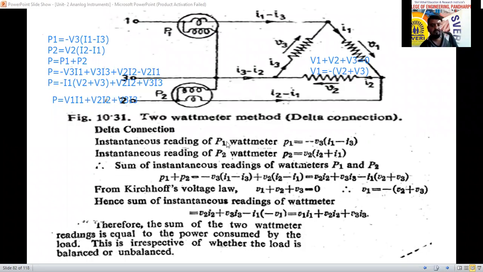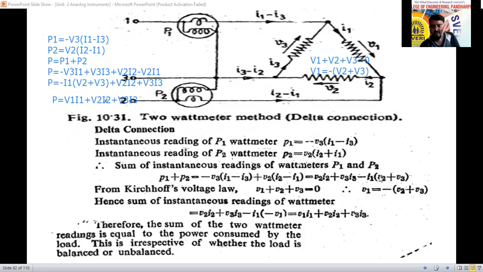Then the summation of P1 plus P2: P1 equal to minus V3 into (I1 minus I3) plus V2 (I2 minus I1). By splitting this term, we get V2 I2 plus V3 I3 minus I1 (V2 plus V3). According to Kirchhoff's voltage law, by loop analysis, V1 plus V2 plus V3 equal to 0, so V1 equal to minus (V2 plus V3).